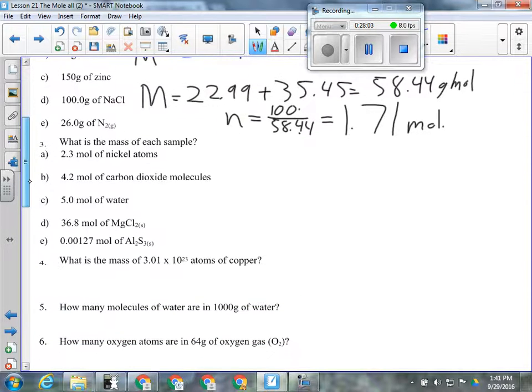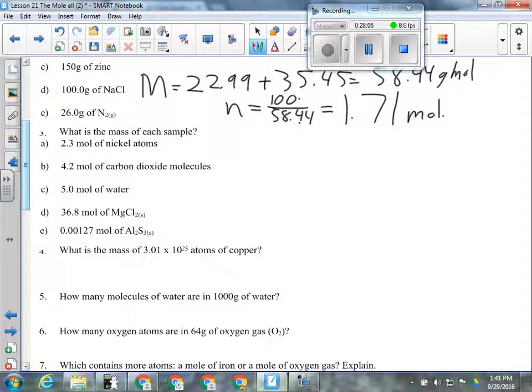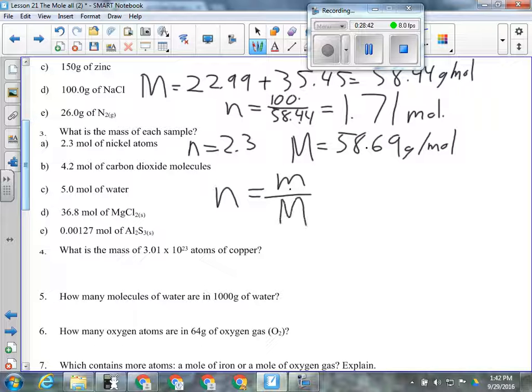In question number 3, what part of the mole equation am I being asked to find? Mass, which is which letter? Little m. All right, so let's look at 3A. I have 2.3 moles of nickel atoms. That means N is 2.3. It means big M is 58.69 grams per mole. So N equals little m over big M, and I'm being asked to calculate little m.